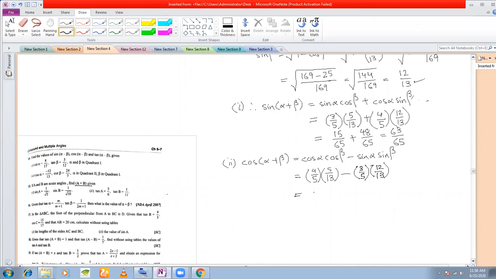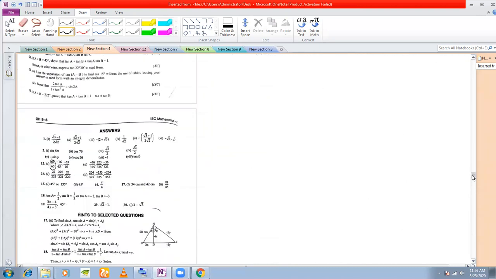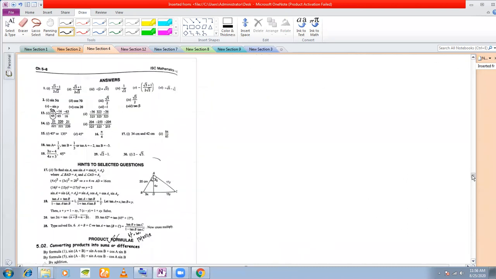Okay, so this is 20 by 65 minus 36 by 65. 20 minus 36 by 65, which is minus 16 by 65. Okay, so cos alpha plus beta, we check the answer here. Yes, it's minus 16 by 65.